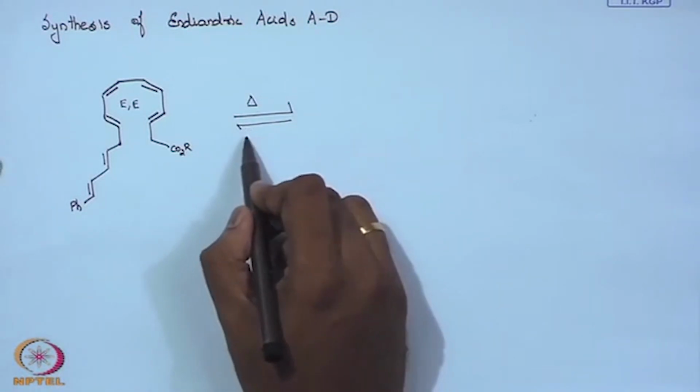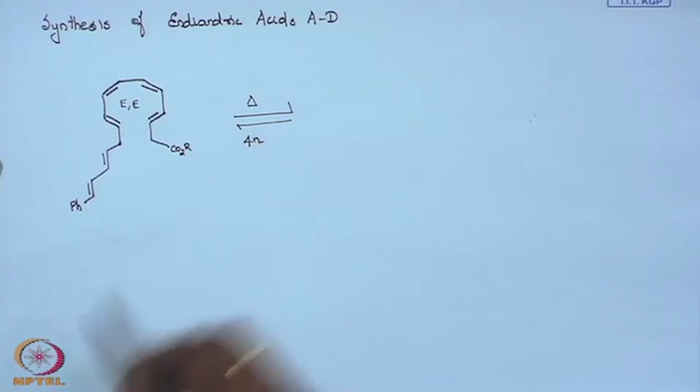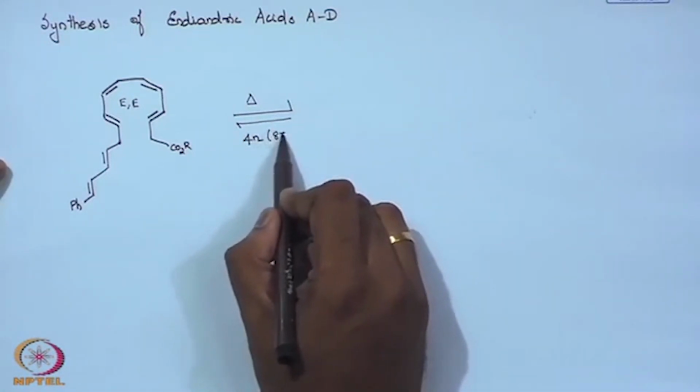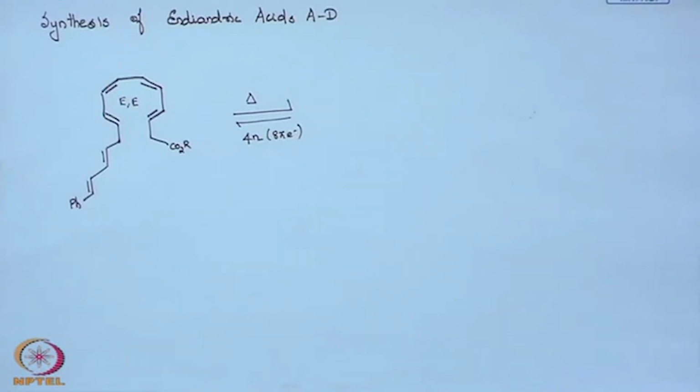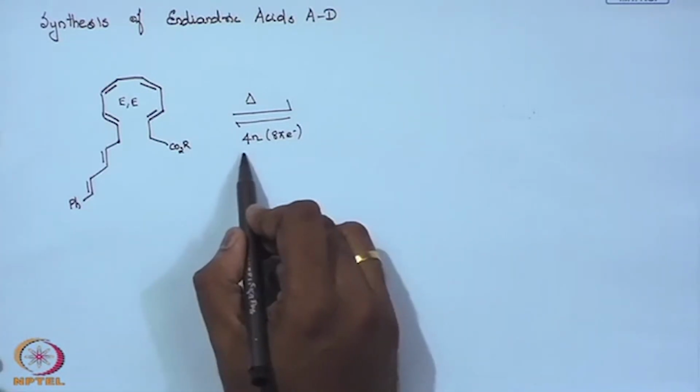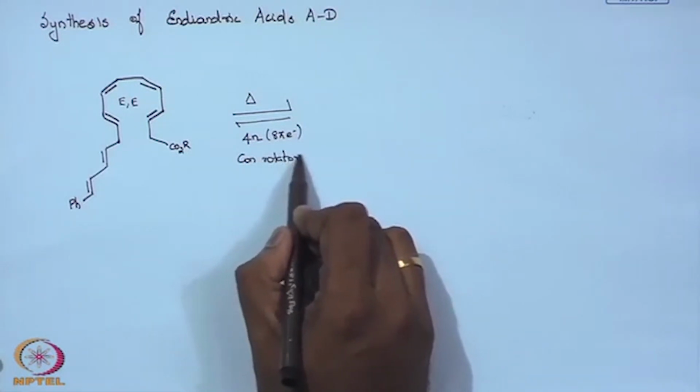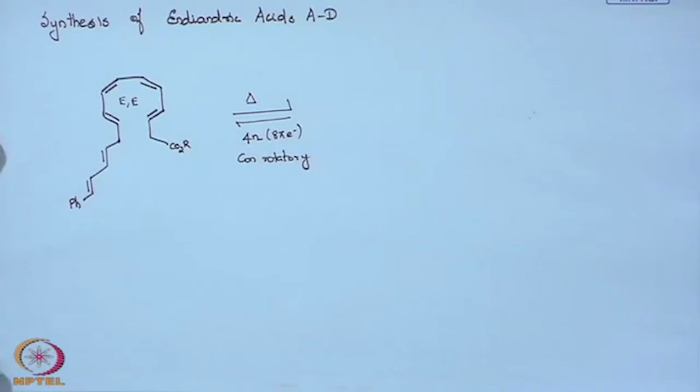So, again it will follow your 4n rule. So, it is an 8 pi electron system, and it follows a 4n rule. So, on heating, whether it is dis or con? Yes, it is conrotatory. So, you get a conrotatory.